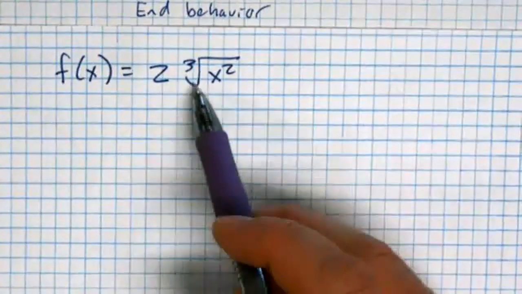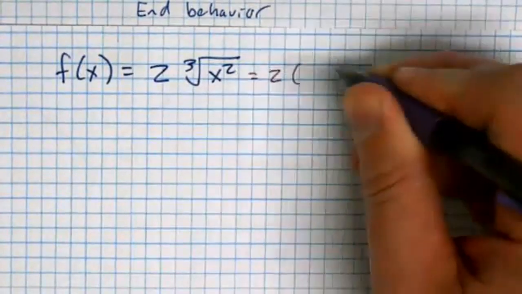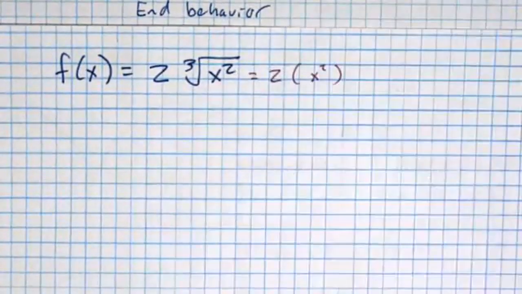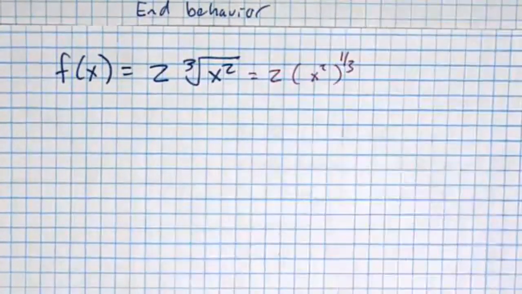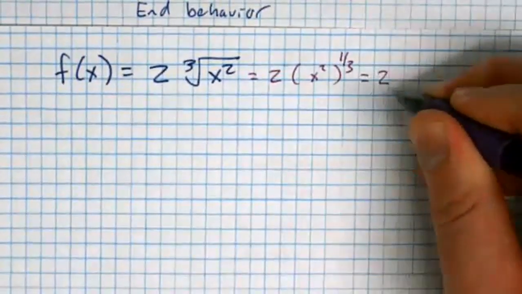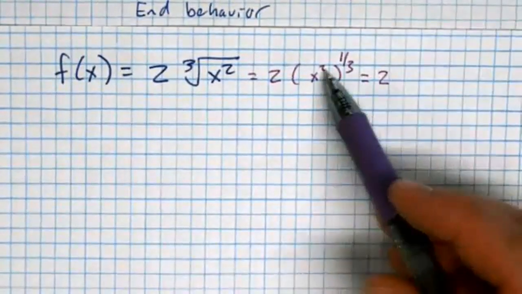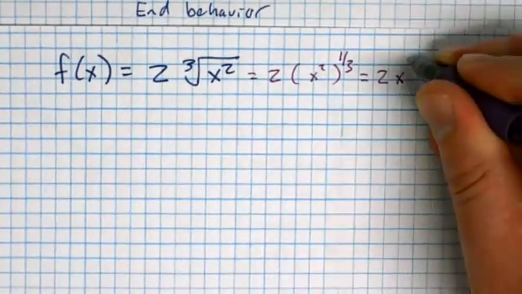I can rewrite a cube root as a power of 1/3, so I could leave the x squared instead of a cube root. I could take that whole x squared to the power of 1/3. And I'm super hopeful that we recall our rules for exponents. What happens when I have an exponent on the inside and outside of parentheses? Multiply 2 times a third is 2/3.